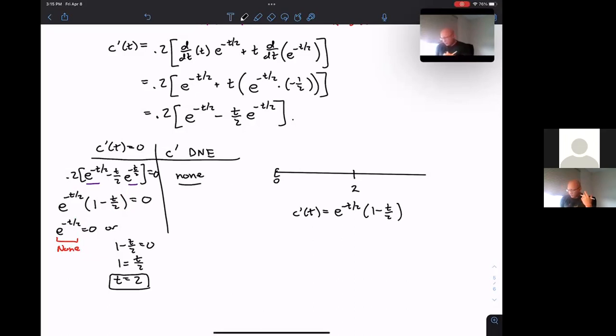Okay, let's use some of our number sense type ideas, right? So, well, the easiest thing to plug in on the left half of this interval, to the left of 2, is just plugging in 0 itself, right? So that should be okay. So c prime of 0, I'm going to get e to the 0 times 1 minus 0. And it's 1 times 1. I mean, that's fine. 1 times 1 is 1.